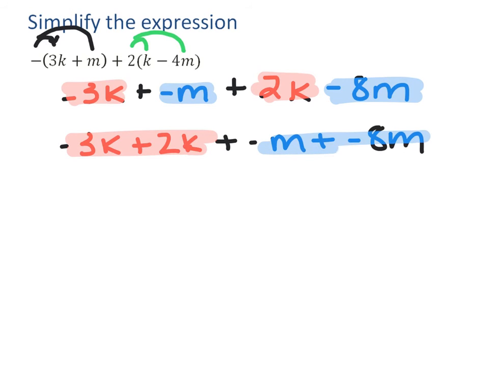And if we finish simplifying, negative 3k plus 2k gives us negative k, and negative m plus negative 8m gives us negative 9m.